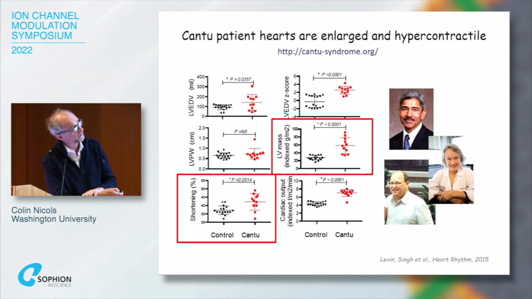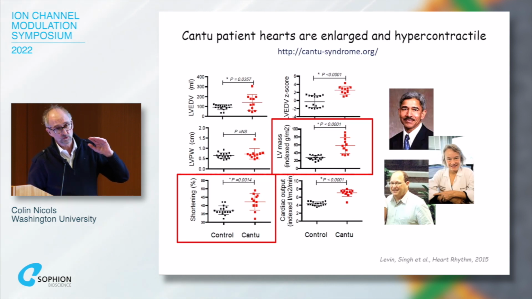Gautam Singh is a cardiologist, and Kathy Grange is a clinical geneticist, and she's been the one directing our research clinic, and together we've been keeping it going now for 8 years. Longitudinal data, which I don't have the slide to show you, shows us that the hearts are gradually getting bigger and bigger over time. And in all patients over 50, which all happen to be female in our case, they are in increasing stages of heart failure.